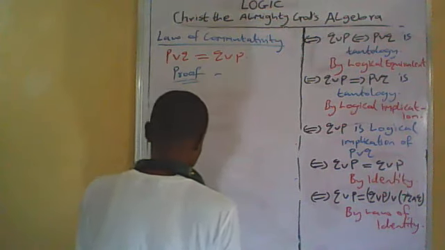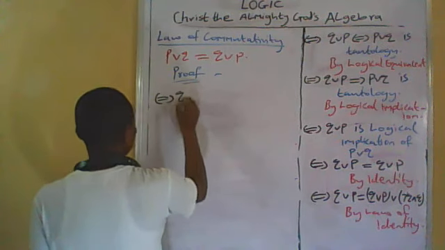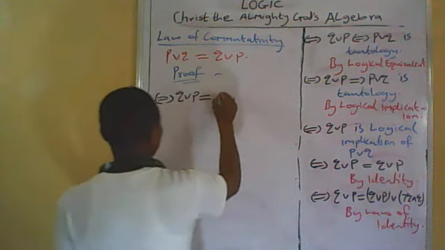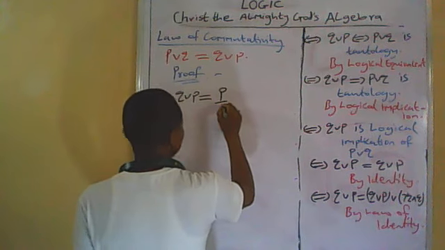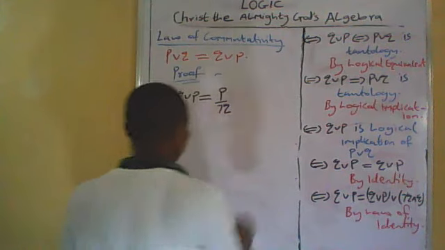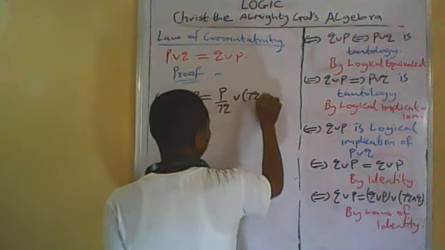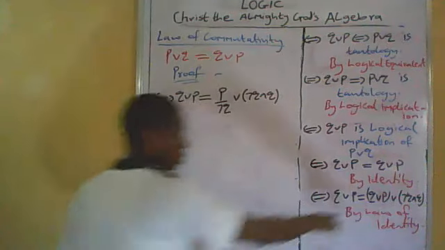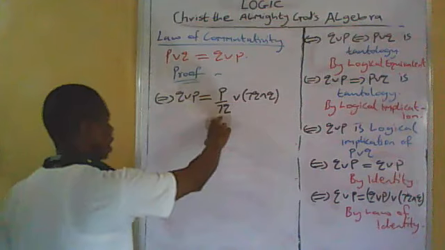You say Q, if and only if Q or P is equal to P or not Q or bracket not Q and Q. You have now transformed this disjunctive statement Q or P to a conditional statement.